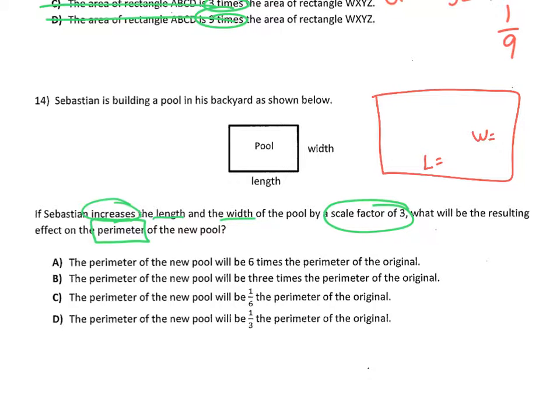So if we use 3 for the width and 6 for the length, we multiply that width and length by our scale factor to get our new picture. So my new width would be 3 times 3, which is 9. The length, 6 times 3, is 18.